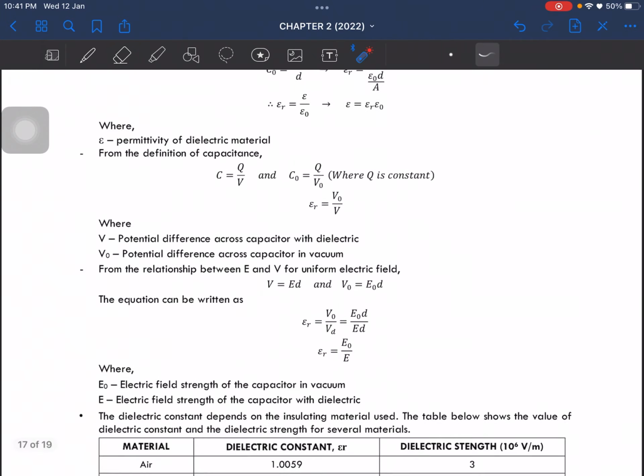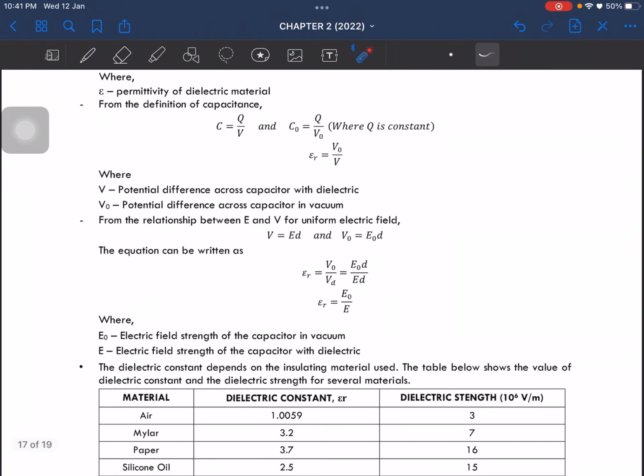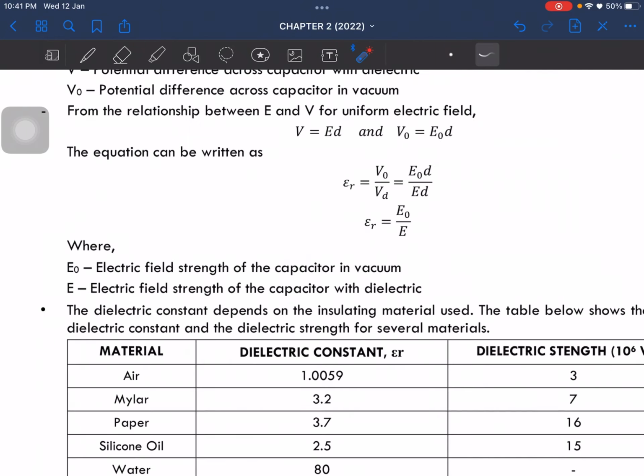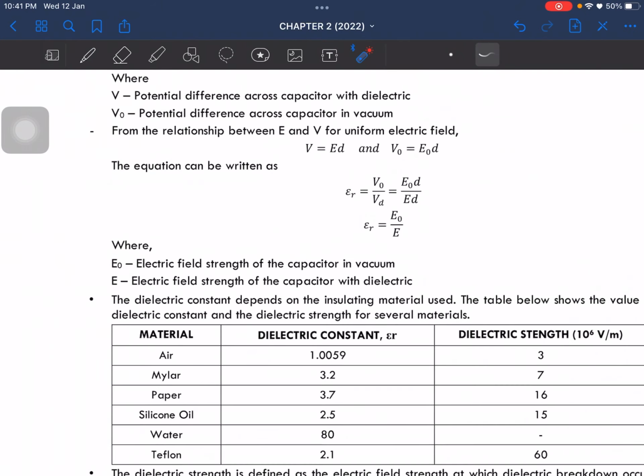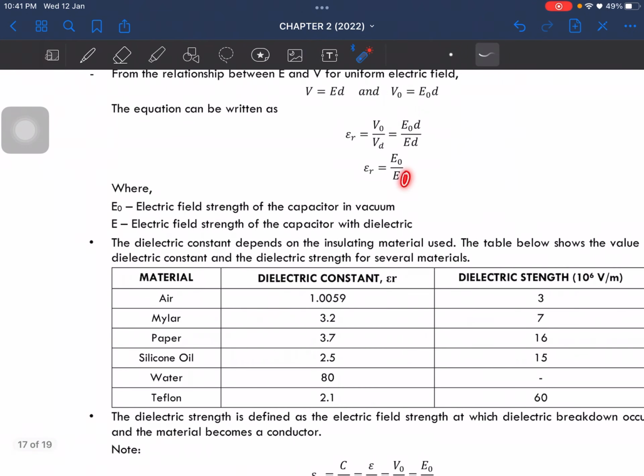We can also relate this to the electric field, so the equation can also be written as this one. If there is a naught subscript, like E naught, it means it is in a vacuum, the capacitor in vacuum, whereas the one without is the capacitor with dielectric material.